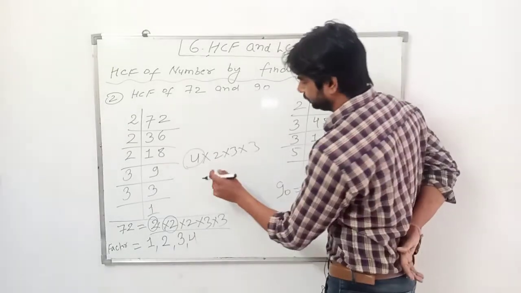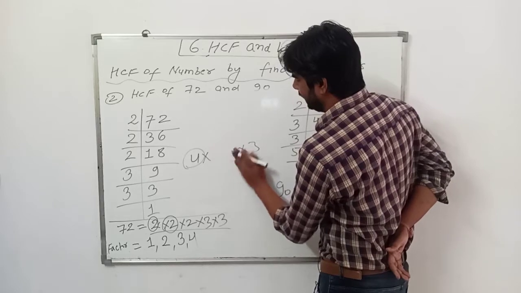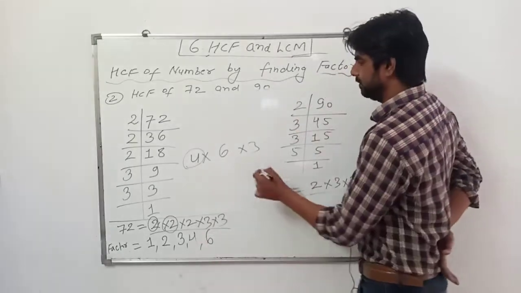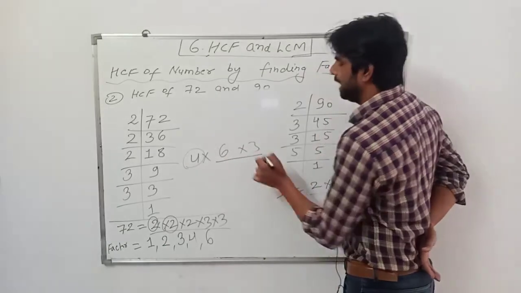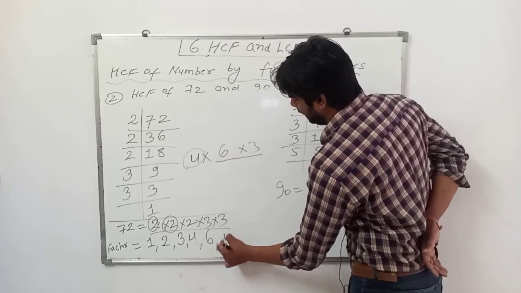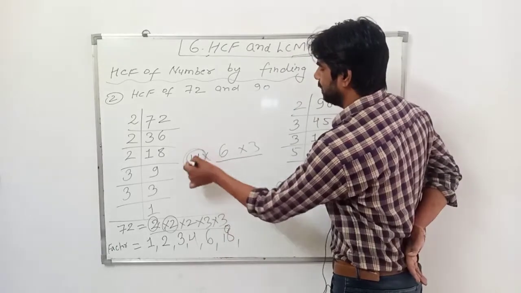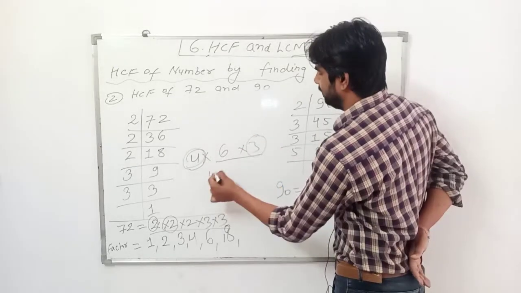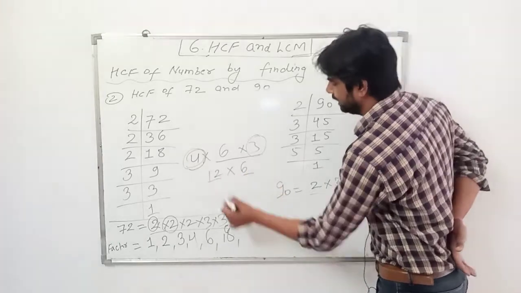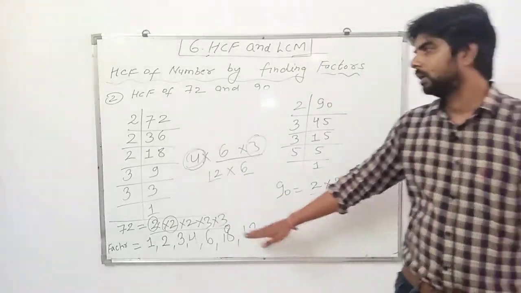We can also multiply 3 into 2 to get 6, so 6 is also a factor. We can multiply 6 and 3 to get 18, so 6 3s are 18, and 18 is also a factor. Same we can multiply 4 and 3 to get 12, which we can write as 12 into 6, so 12 is also a factor of 72.